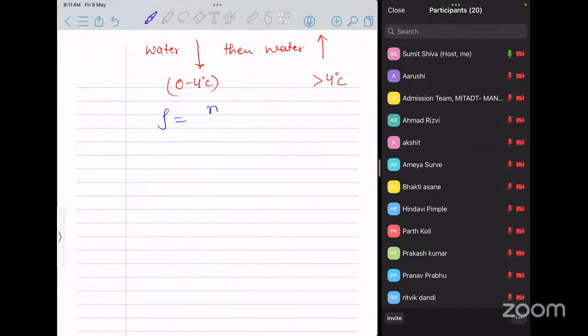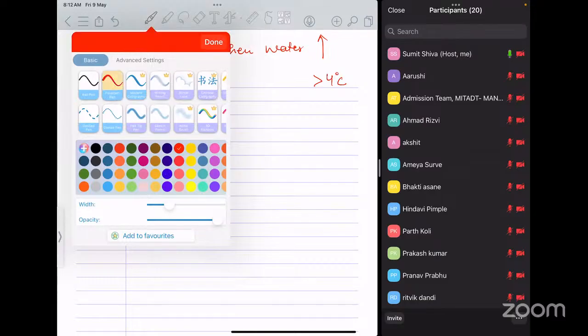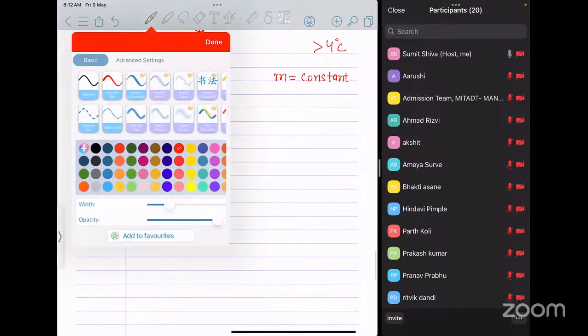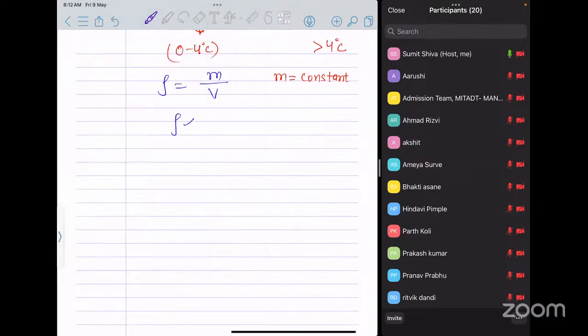Density is given by mass by volume, and we already discussed that mass is not going to change on changing temperature. Mass is going to be constant. So we are left with density and volume. Density is inversely related with volume.